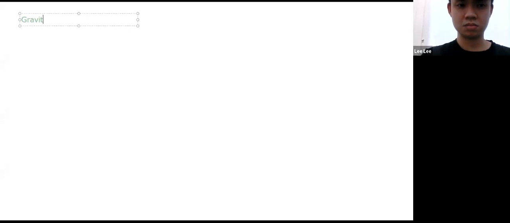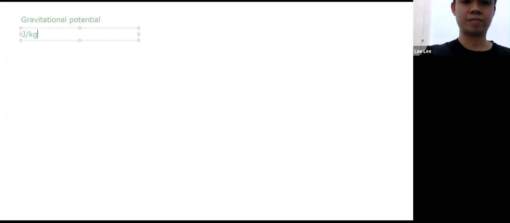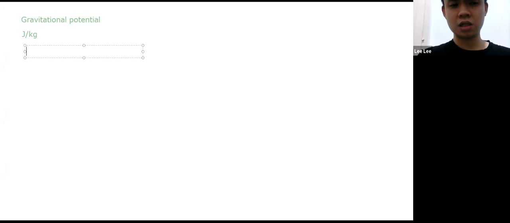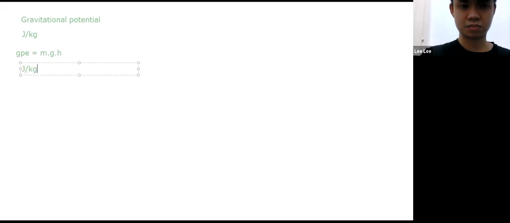So we are going to learn about the gravitational potential. The unit is joule per kilogram. If you remember gravitational potential energy that you learned at secondary, m times g times h. So if I say joule per kilogram, it is equal to g times h.